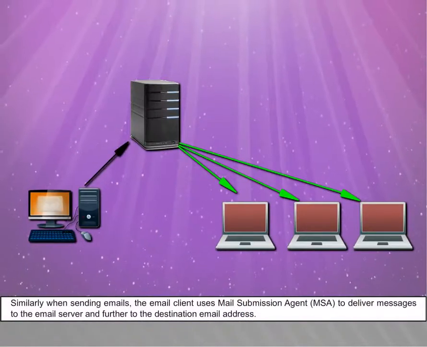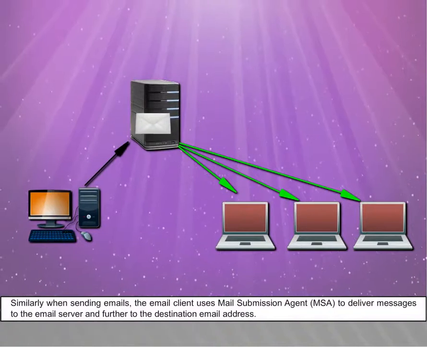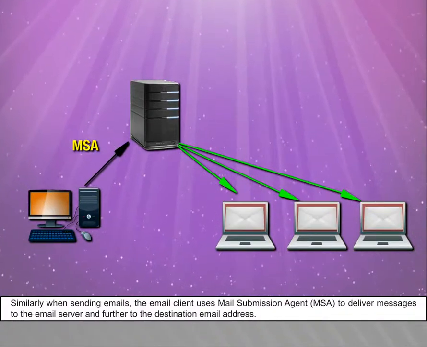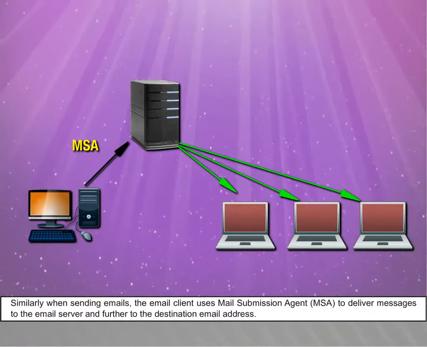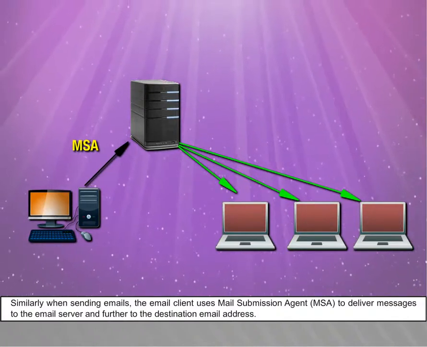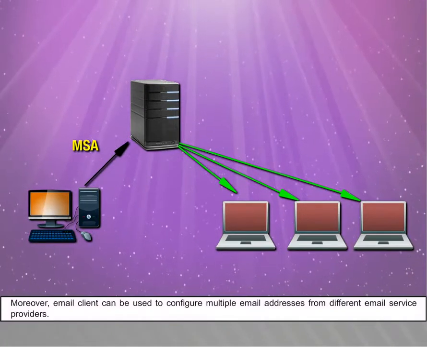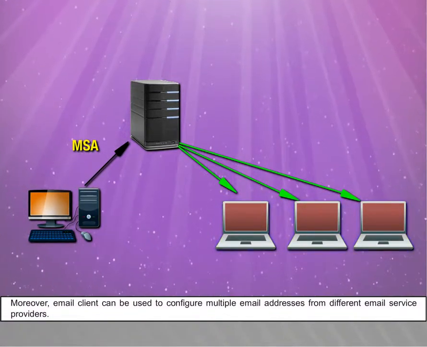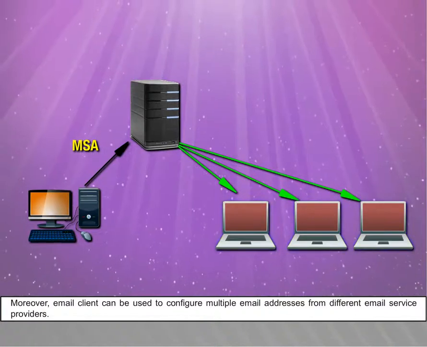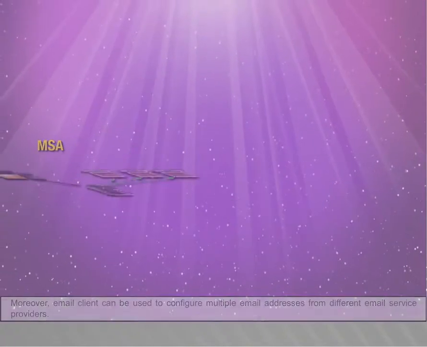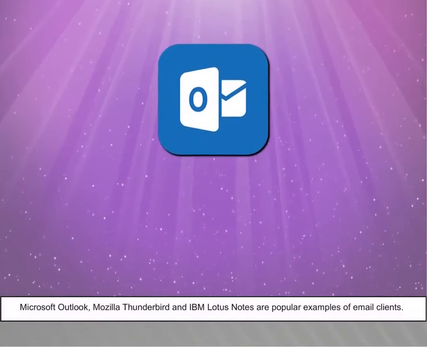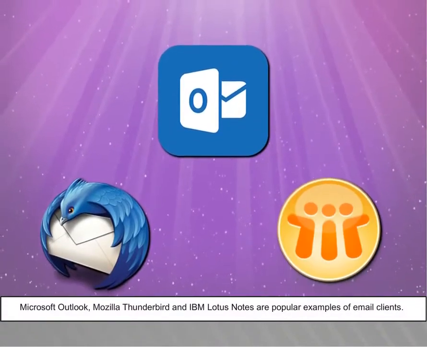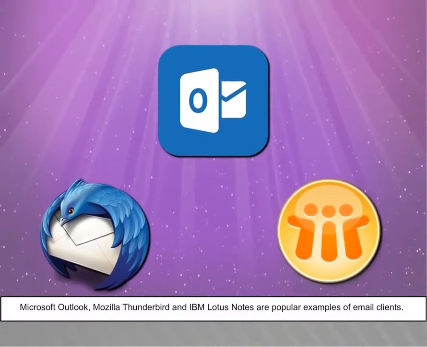Similarly, when sending emails, the email client uses a mail submission agent (MSA) to deliver messages to the email server and further to the destination email address. Moreover, an email client can be used to configure multiple email addresses from different email service providers. Microsoft Outlook, Mozilla Thunderbird, and IBM Lotus Notes are popular examples of email clients.